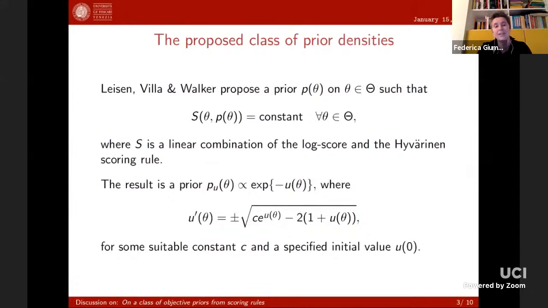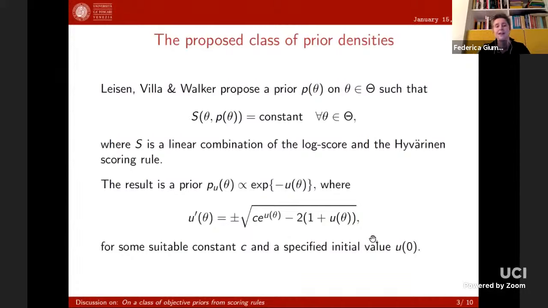The first property I want to comment on is objectiveness. The starting point is very objective in my opinion, but then the solution could be a prior which is actually very informative about the unknown parameter. It could be very concentrated on some particular regions in the parametric space, depending on the choice of these 2 parameters, c and u.